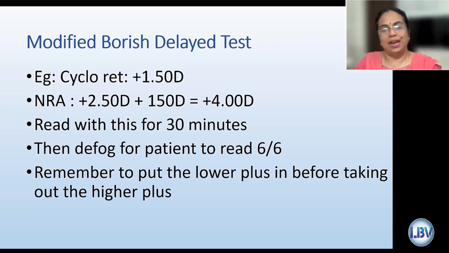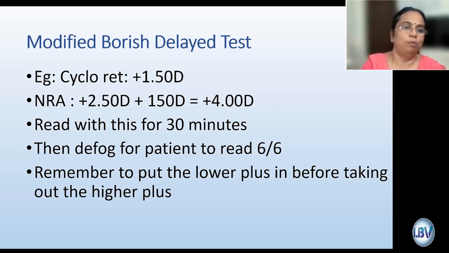Now, I could do the NRA, or going by the fact that most people's NRA is 2 to 2.5 diopters for a 40 centimeter working distance, I would just put the 2.5 diopters plus whatever retinoscopy value I got in the cycloplegic, which is a +1.5. So in this example, I've given you +1.5 as my cyclo retinoscopy, and to that I add +2.5 diopters.